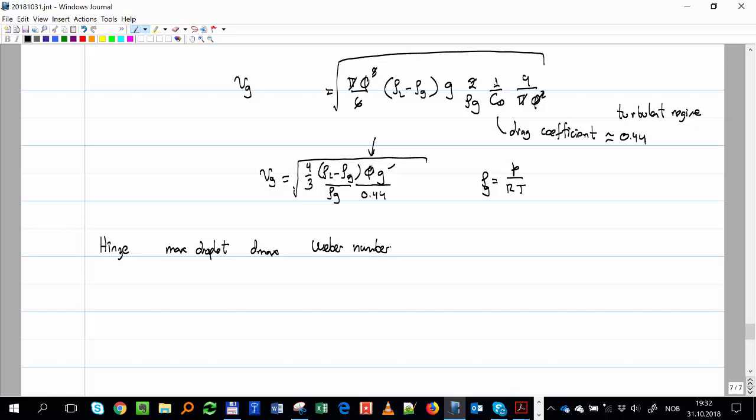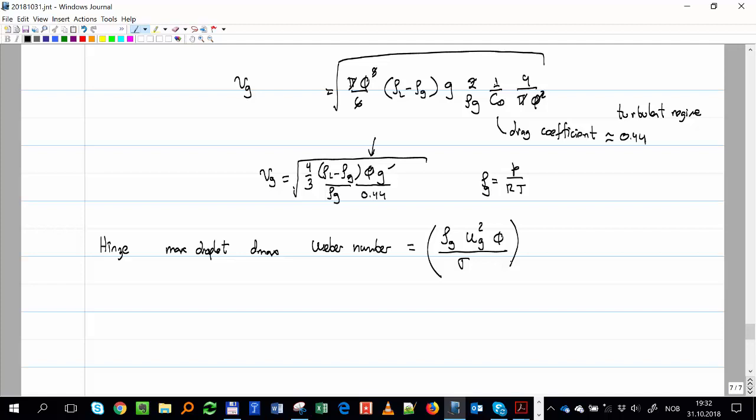The Weber number is the density of the gas, times the velocity of the gas, times the diameter of the droplet, divided by the interfacial tension, sigma.